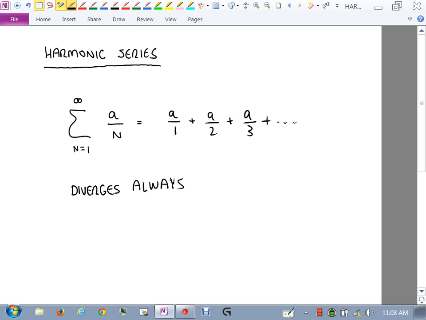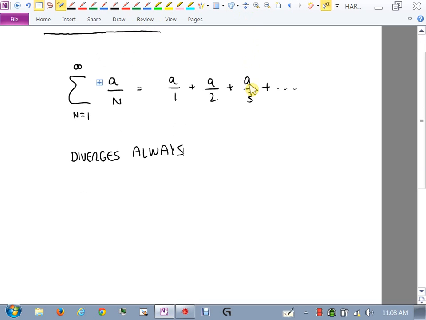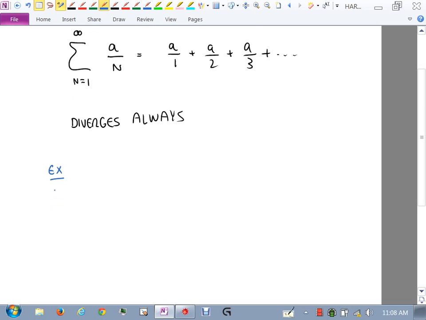So I'll give you an example that may not be as obvious as anything I've shown you. How about if we're trying to add up 1/4 plus 1/8 plus 1/12 plus 1/16 forever.